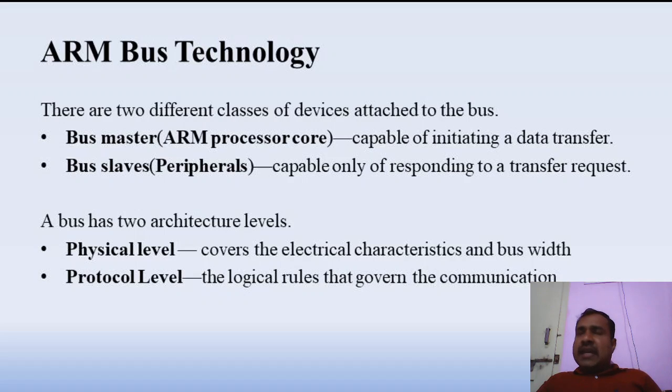In the physical level, we mainly deal with the electrical characteristics of the bus and the bus width, that is, how much power it is carrying or how much voltage it is withstanding, and whether the width is 16 bit, 32 bit, and so on.